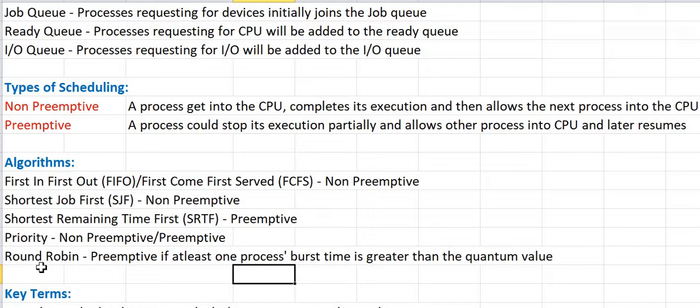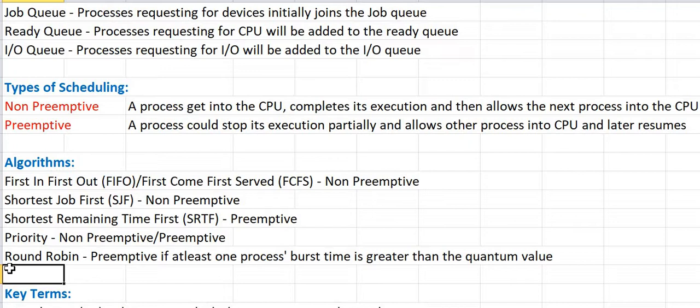The second point is, if we allow processes only on a first come first serve basis, what happens to the processes which have a very short job and have arrived last? We have to give some consideration to the processes which have the least job. So the next algorithm introduced is shortest job first, where the process with the least job enters the CPU first.